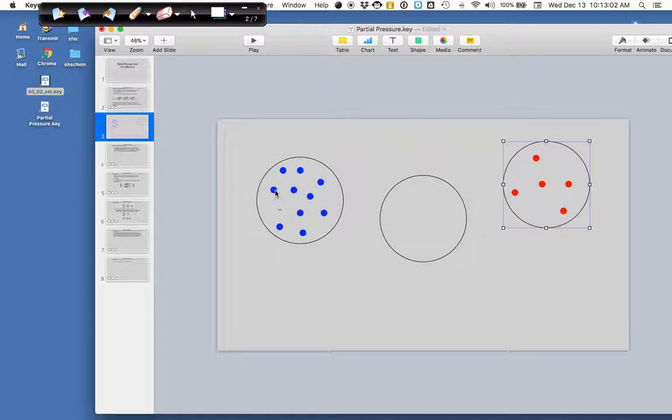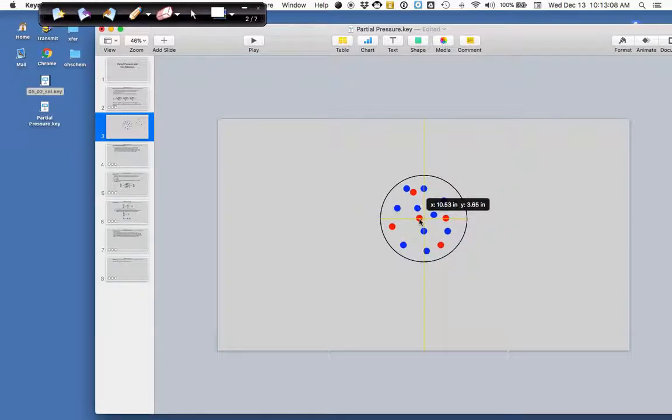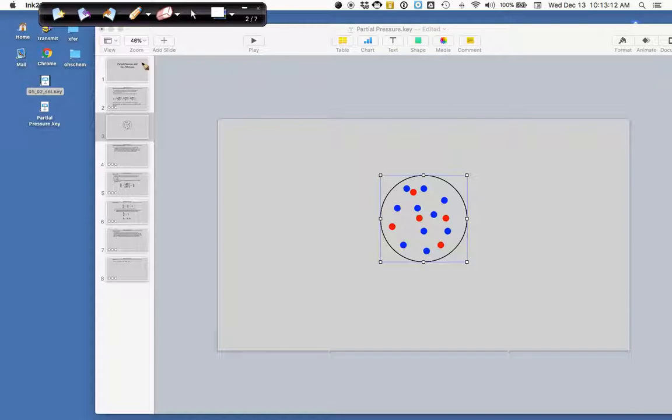So let's mix these together. Like so. So now we've mixed them together and we're familiar with what we've got. So let's talk about a pressure ratio and let's talk about a number of moles, a particle ratio. So actually, you know what? I want to flip those around. Let's write it out.